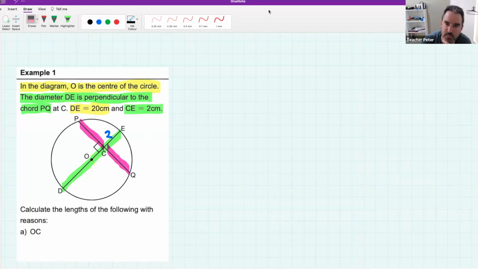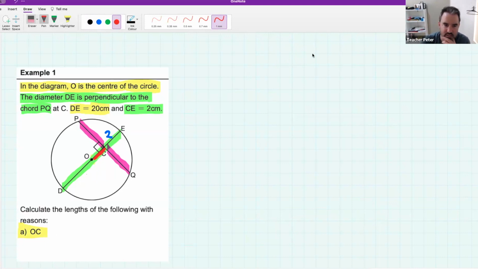Now it says, calculate the length of the following using reasons. Find the value of OC. Now, where is OC in this drawing? OC is just this little bit over here. Would you agree? Now, tell me, how are we going to work out what OC is?